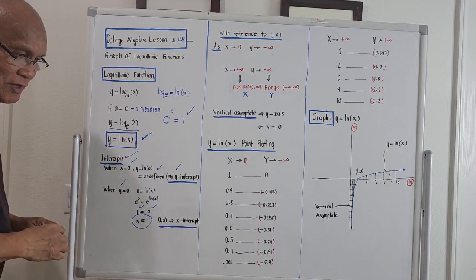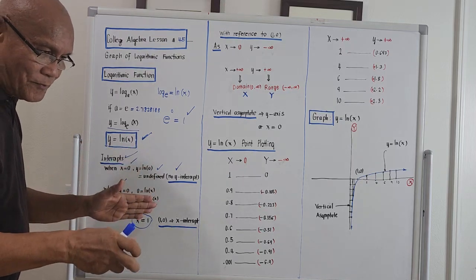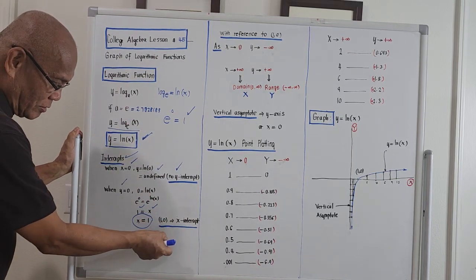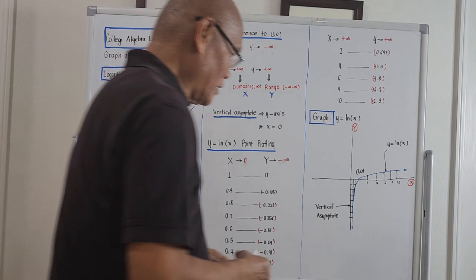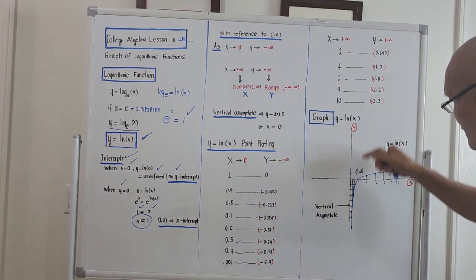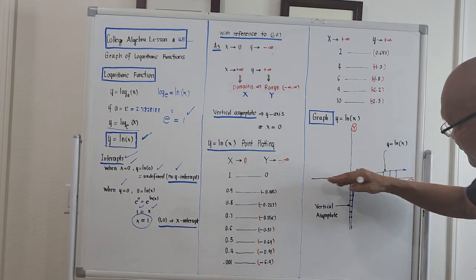So meaning to say, the abscissa where the graph passes through the x-axis is at the location 1 and 0. So I place it here. When x is 1, the ordinate will be 0.